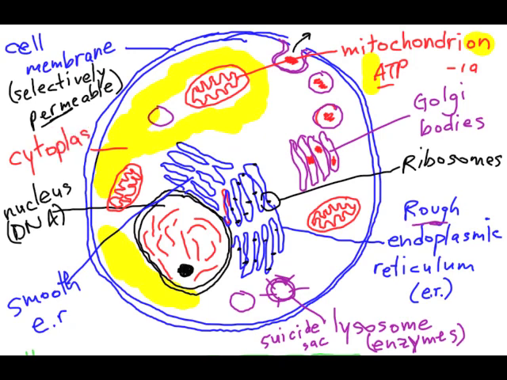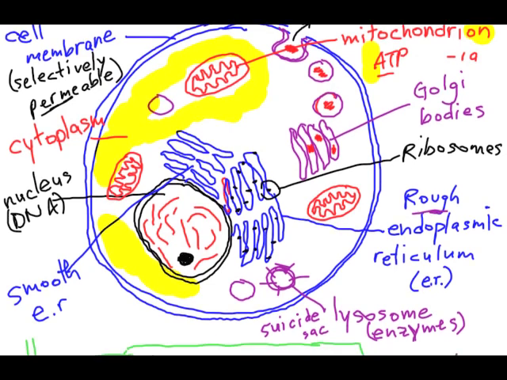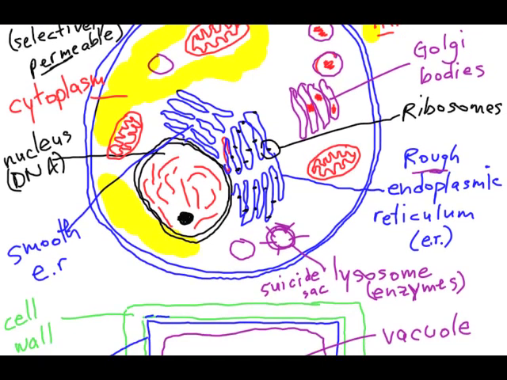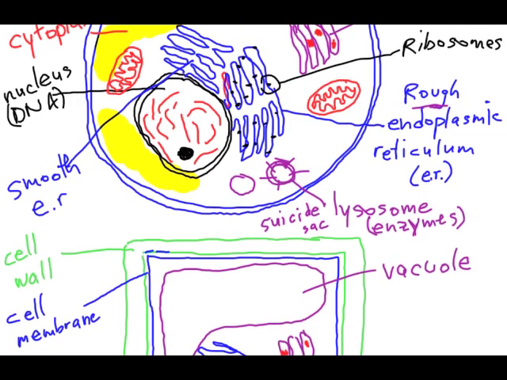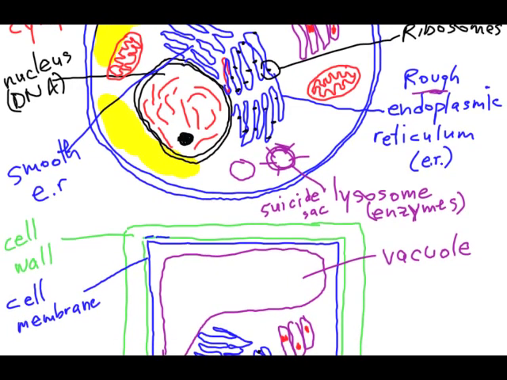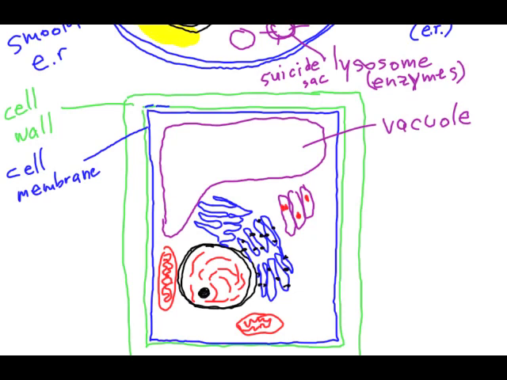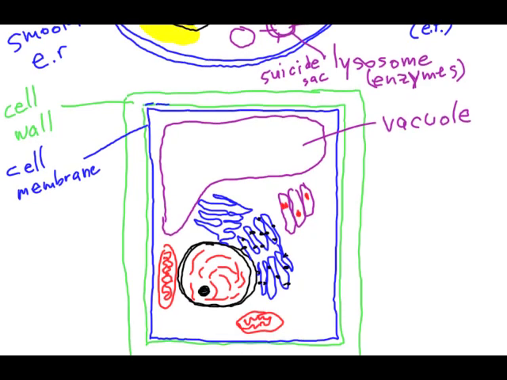Okay, so that jelly-like substance that we talked about within the plant cell and the animal cell. So let's look at another distinct characteristic that is only found in plant cells and not found in the animal cell.